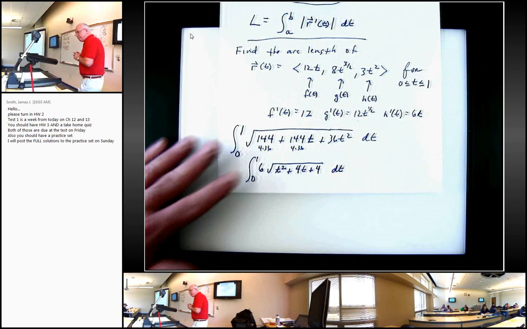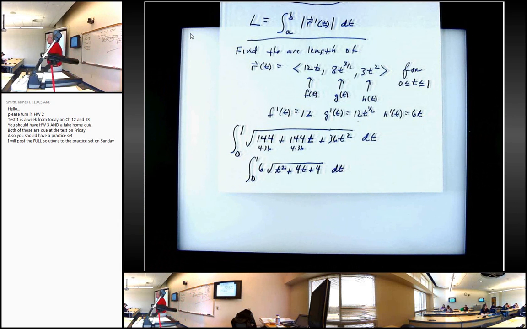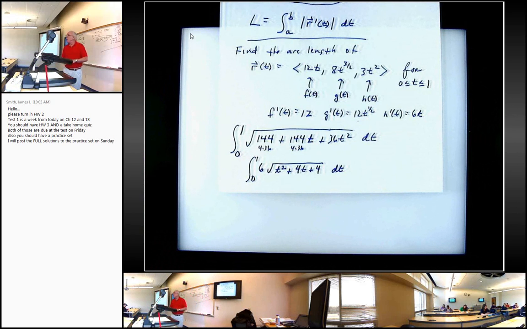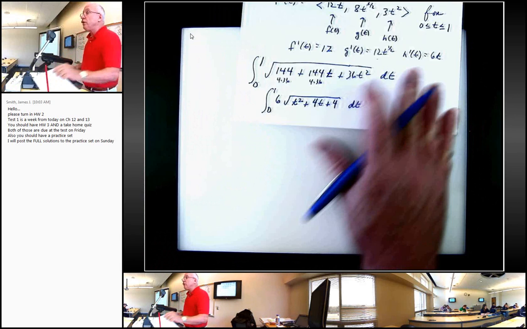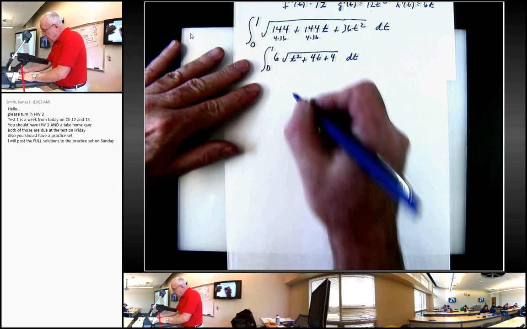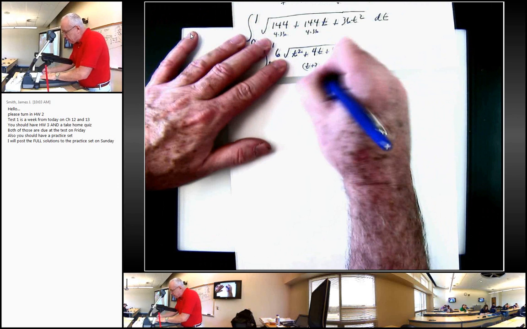All right? And so this problem is set up to be nice because what do we have underneath that radical? T plus 2 squared. Isn't that nice? So we have a perfect square trinomial under the radical. This is t plus 2 parentheses squared.